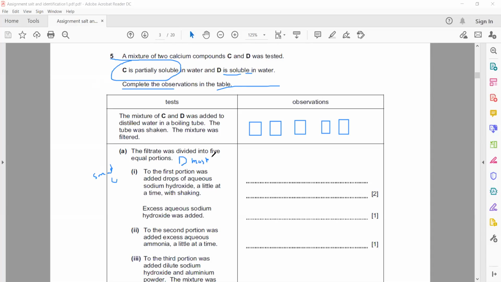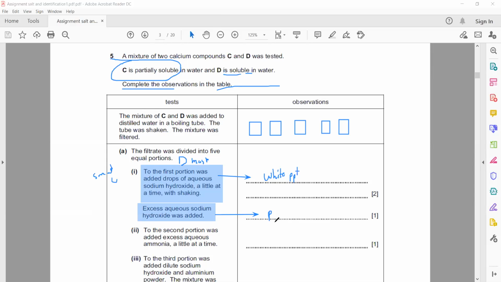And we already know these are calcium compounds. So if a compound contains calcium and you add sodium hydroxide, you will observe a white precipitate. You have to memorize this table, the tests for the ions, so that you can answer this. If you add too much sodium hydroxide, what is the observation?